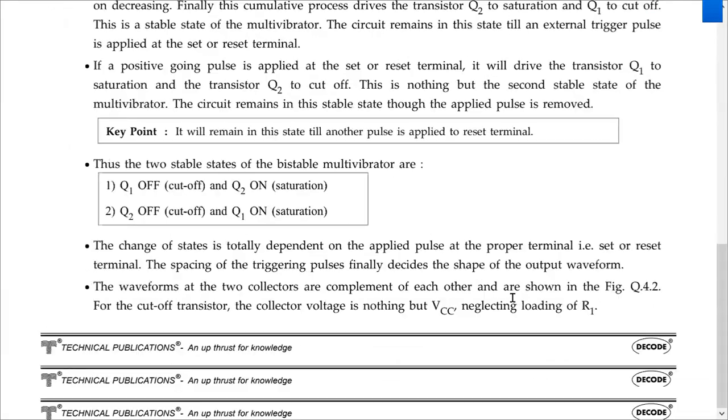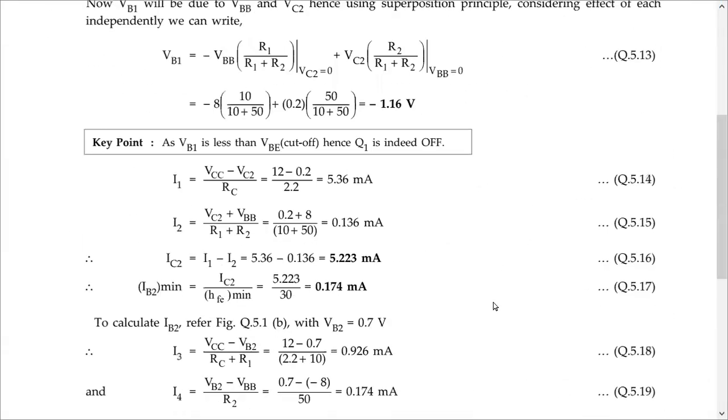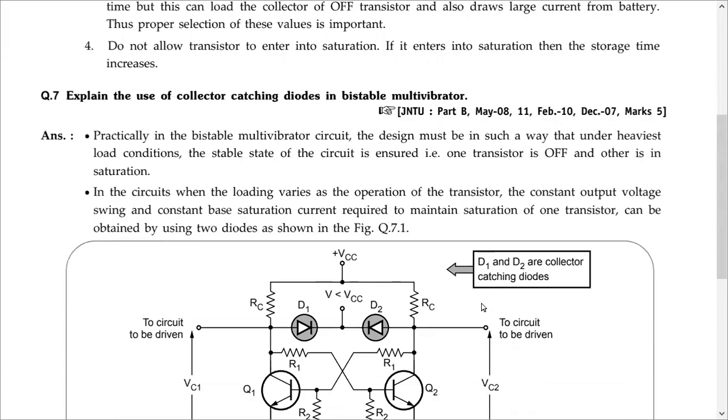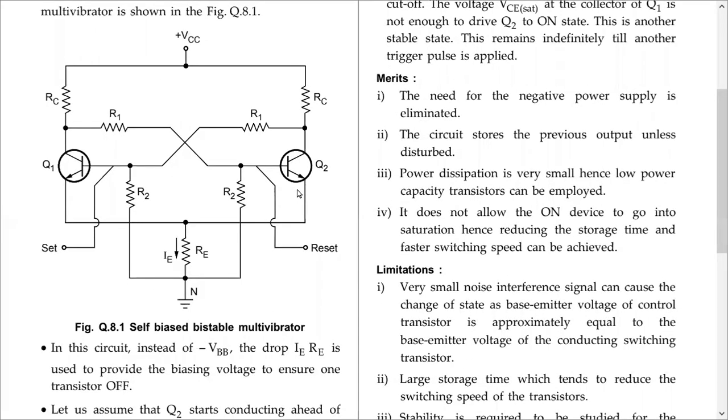Then what we will discuss is, once we achieve the case that Q2 is on and Q1 is off, how that state is maintained. So let us take Q2 on, Q1 off.